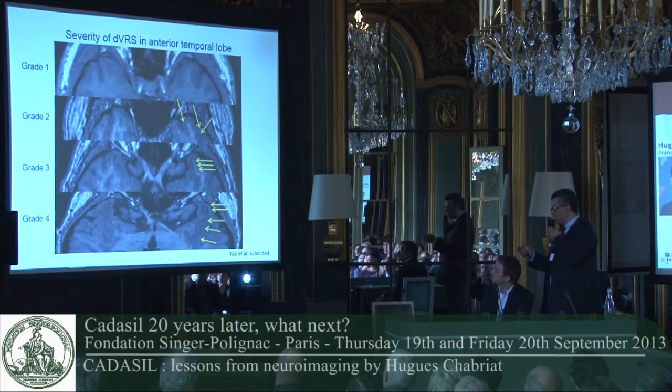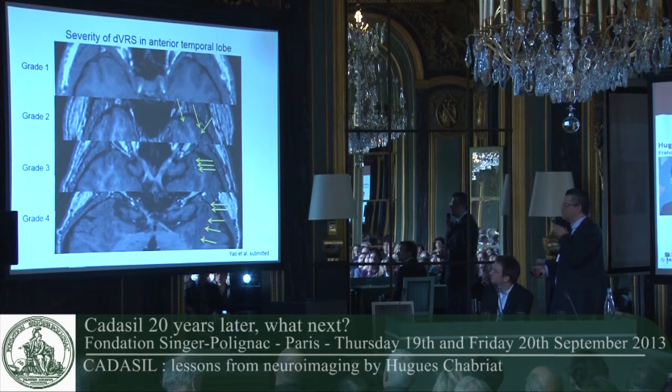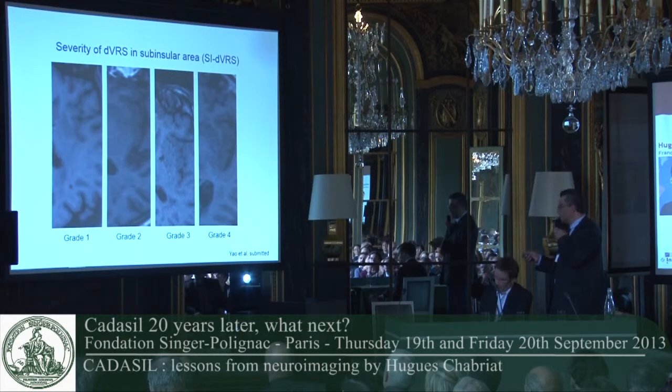We have recently performed a specific evaluation of these dilated perivascular spaces with grading of T1 weighted images. You can see here the grading of dilated perivascular spaces in basal ganglia in our data.